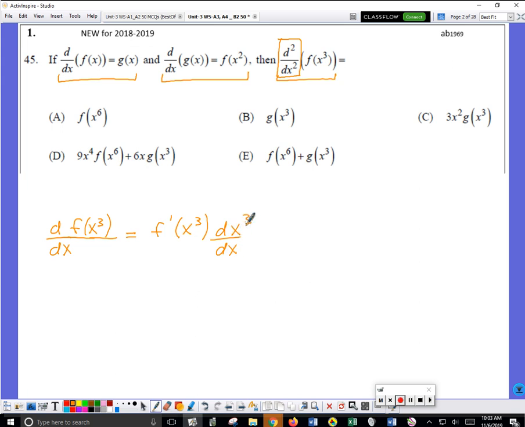That's all you have to do to use the chain rule by itself. It's really not complicated. Question? Awesome. So that would become 3x squared multiplied by f prime of x cubed.